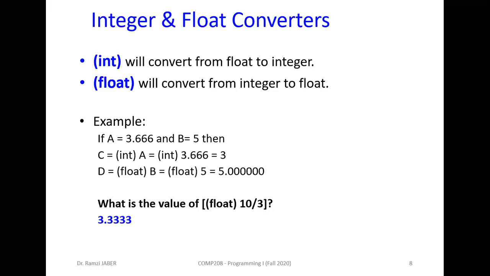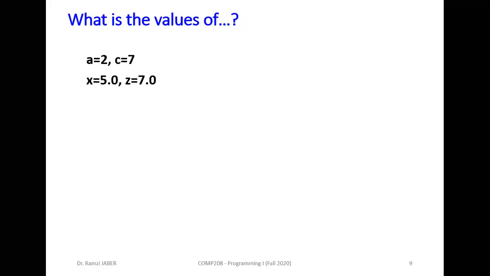Any question here? Good. Let's continue. What is the value of D, if we have A equal 2, C equal 7, X equal 5.0, Z equal 7.0?